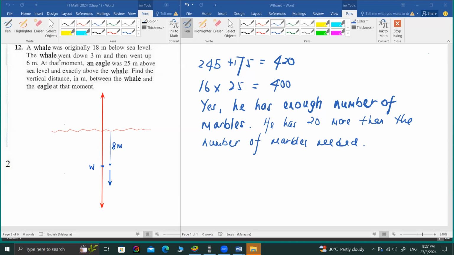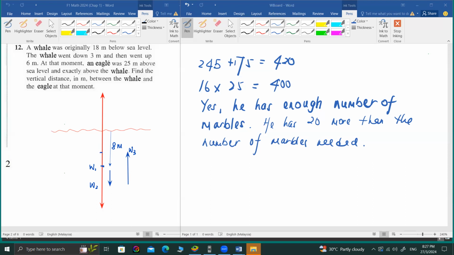Went down how many meters? 3 meters. Listen carefully because I want you to try. Then up 6 meters, okay? So now the whale is here. Just now it was here, went down here, after that, up here. Okay, I write 1, 2, 3. At first here, went down 3 meters, went up again 6 meters. Now the whale is here.